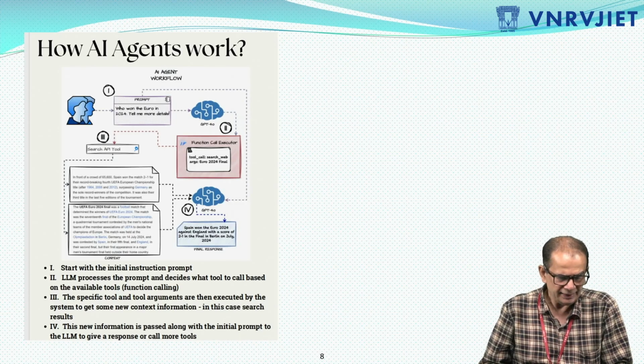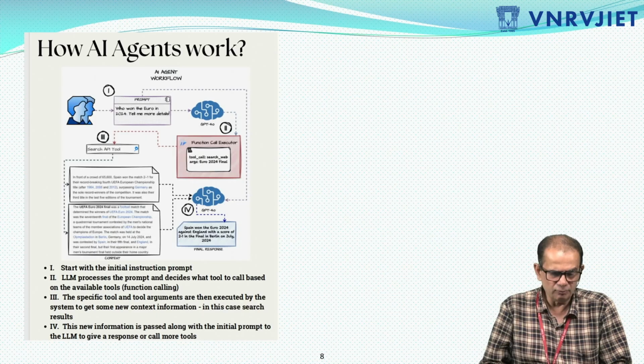Then the specific tool and the tool arguments are executed by the system to get the context information. And lastly, this result or the new information is passed along with the initial prompt to the LLM to give a response or call more tools.